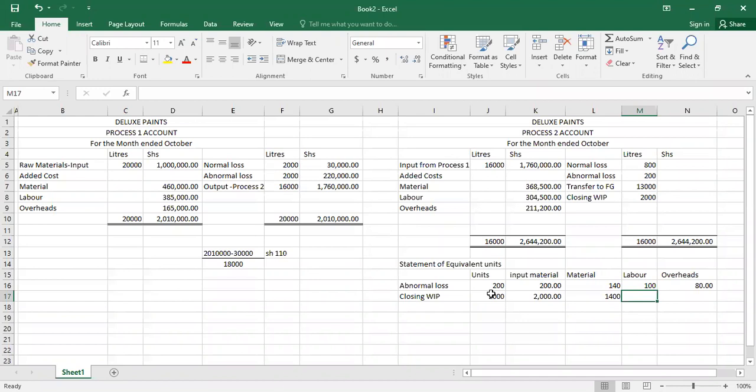Then you erroneously gave me a figure for material. It cannot be equal. The one for 80, the one for material, is 1600. And then for labor it's 1400. Okay. For overhead, what's the percentage of overhead?